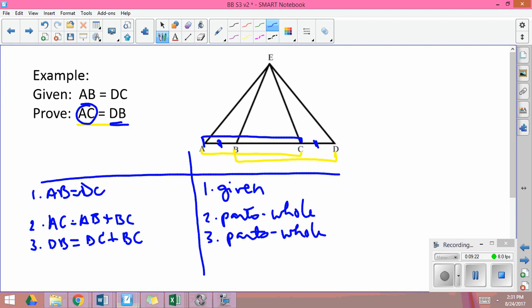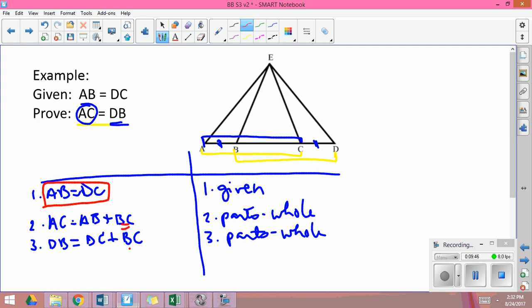Now, proofs aren't a formula, but they do have patterns. And the more proofs you do, you'll start to see these patterns. And a big pattern is to get equations and do a substitution and get one side of the equations to be the same, and then do another substitution. So when I start looking at these things, remember this piece right here, that AB and DC are the same?